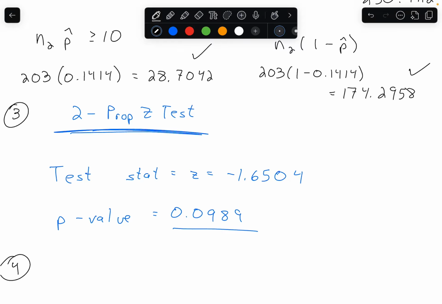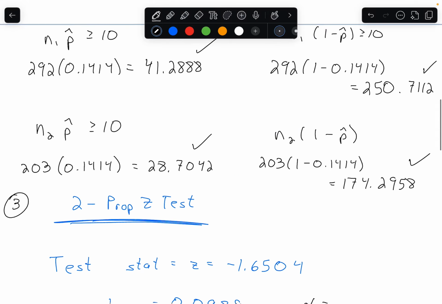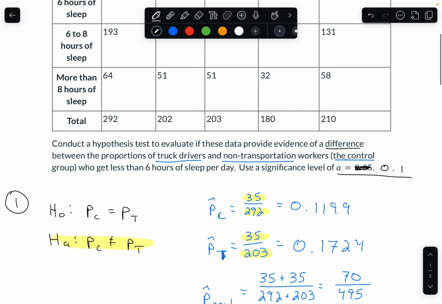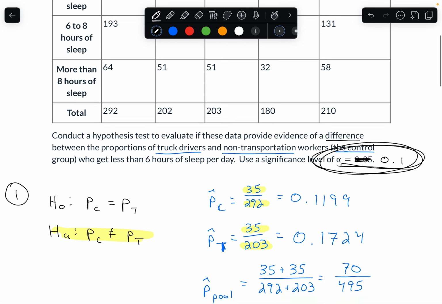decision. So remember, in step 4, we are making that decision, and then we are interpreting that decision in terms of our original problem. So in this case, our p-value was 0.0989. It helps to compare that to alpha, which if we scroll back up and look at it, we said up here, alpha was 0.1.